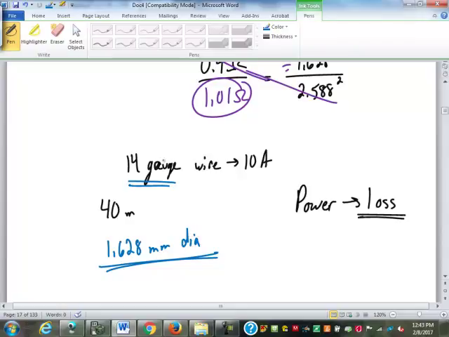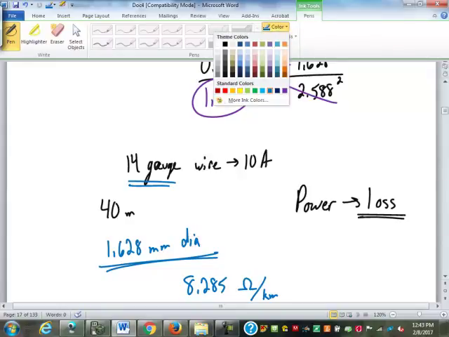Now we'll get into actually figuring out the resistivity from the diameter and the material in a little bit. For right now in that chart, it says 14 gauge wire. The third column there is 8.285. That is ohms per kilometer, right? A kilometer is how many meters? 1,000, yes.